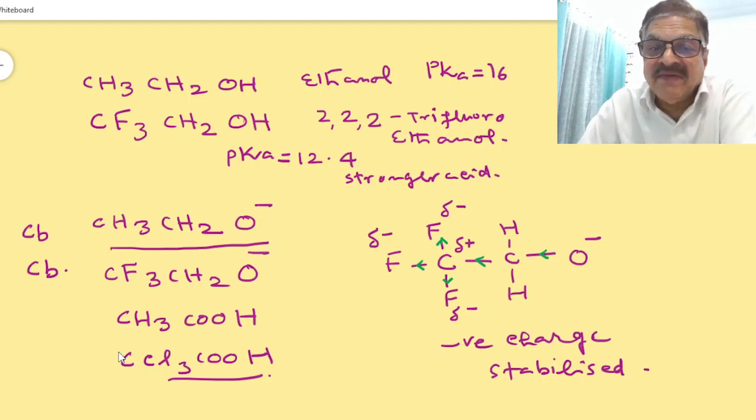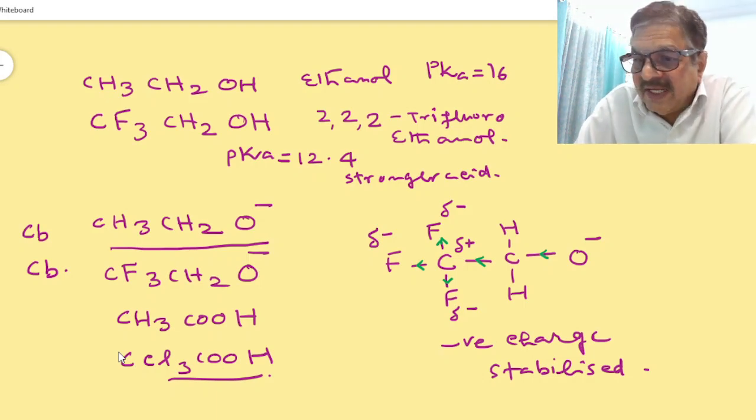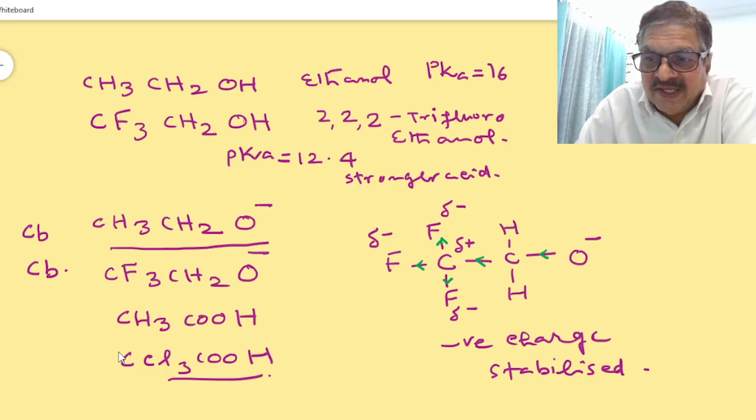Therefore, the inductive effect is the pull of electron density through sigma bonds, caused by electronegativity difference. Electron density is pulled from the negative charge through sigma bonds by the very electronegative fluorine atoms. So it is called electron withdrawing inductive effect.